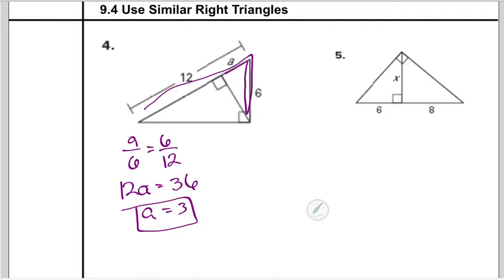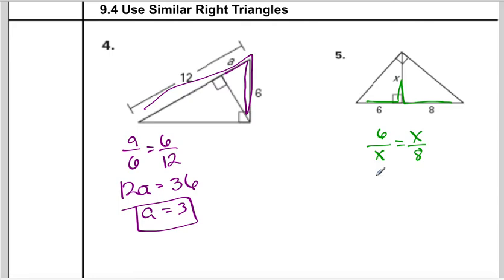The next one beside it, we do have the pieces of the hypotenuse here, and we're looking for the middle section, so we are going to use that heartbeat theorem, the geometric mean altitude theorem. So 6 over x equals x over 8, where x is the geometric mean of those two numbers.